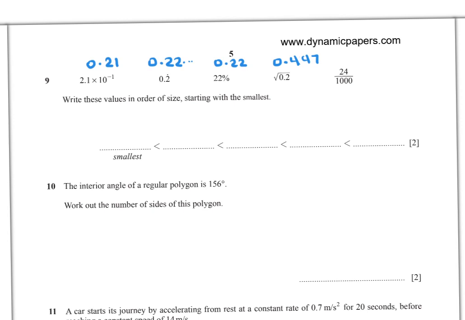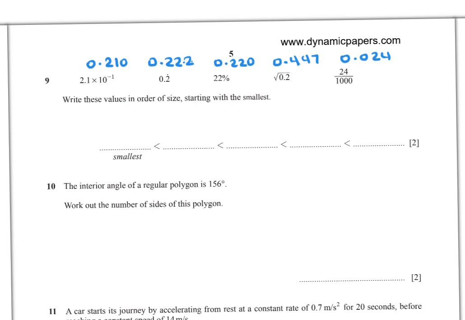Okay, 24 over 1000, so this is 0.024. Now we can write all to three decimal places, so 0.21 we can write like that, and we add 0. Now we can arrange them, the smallest first.